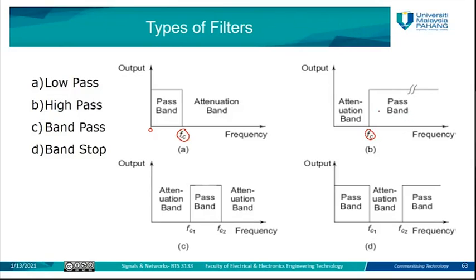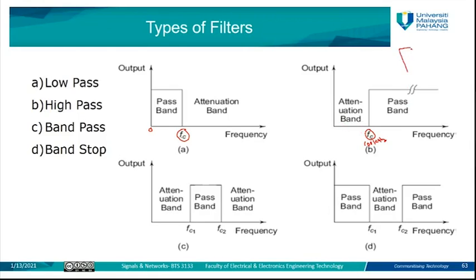If we say FC is 100 kilohertz, for example, and we use the signal generator to produce a signal with a frequency of 90 kilohertz, then connect it to such a high pass filter with a cutoff frequency of 100, that means this signal with 90 kilohertz will not pass to the output of the circuit.